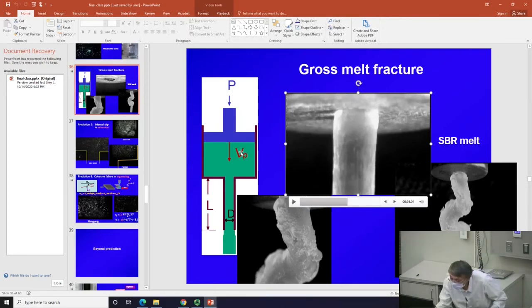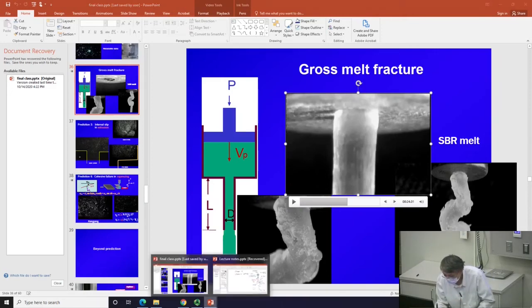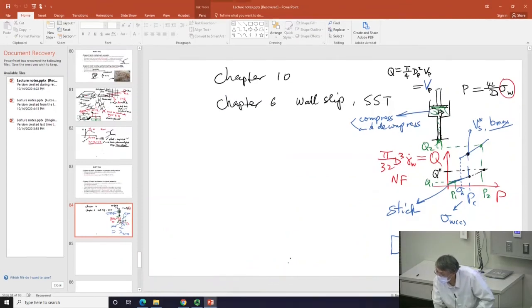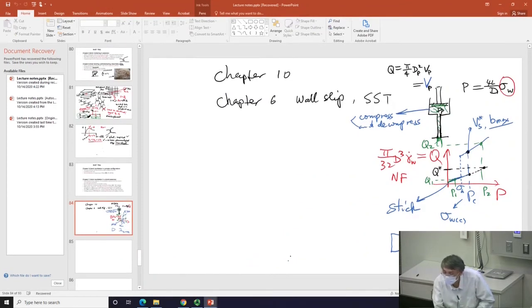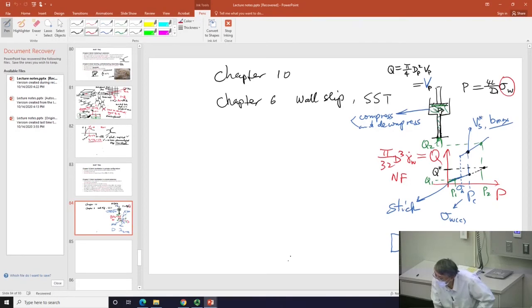The material is rushing in. If you want to get rid of the effect of this entry effect, you can.